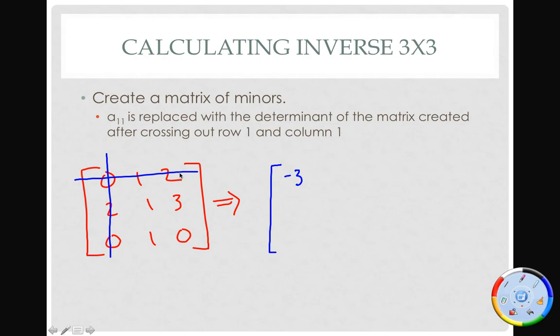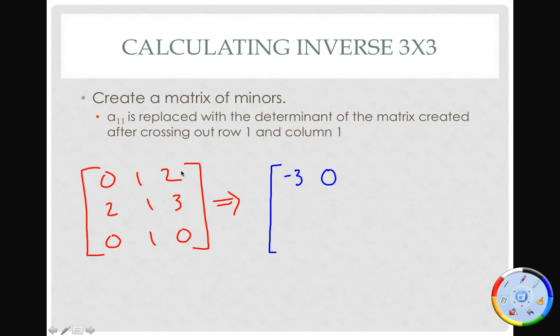Then you continue and go into the second one. I'm going to cross out row and column, and I'm left with 2 times 0 minus 3 times 0, so I get the value of 0. Then I continue.